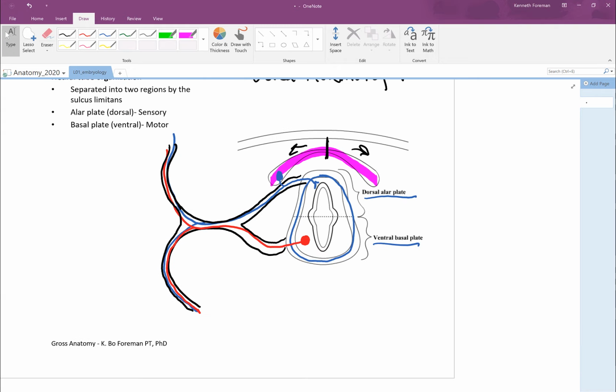So in this picture, dorsally is sensory, and ventral is motor. Now realize that this is called a dorsal rami, ventral rami, dorsal root, ventral root, and this right here is the spinal nerve.